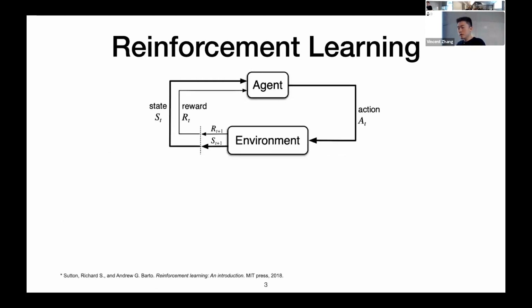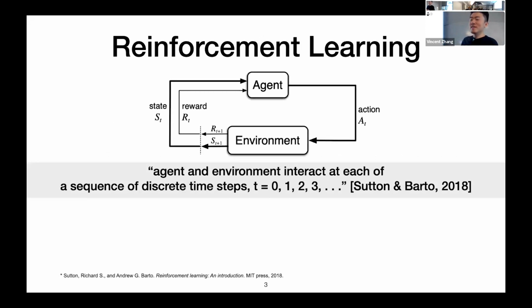All right, so let's start from this classic picture of agent-environment interaction. Quoting the book, the agent and the environment interact at each of a sequence of discrete time steps, t equals 0, 1, 2, 3.